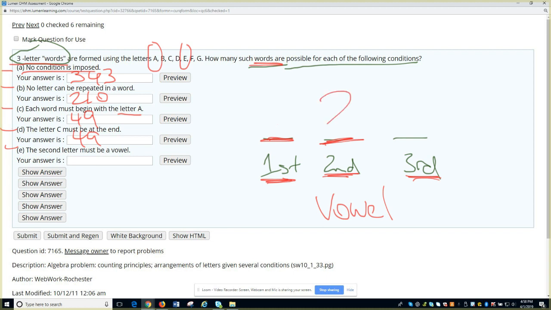That means for my second letter, I have 2 options to choose from, any of the 2 vowels. Then for the first letter and the last letter, there are no restrictions, so I can pick any of the 7 letters available. And then the fundamental counting principle says if you multiply all the options, that will tell you how many words are possible. So 98 words.